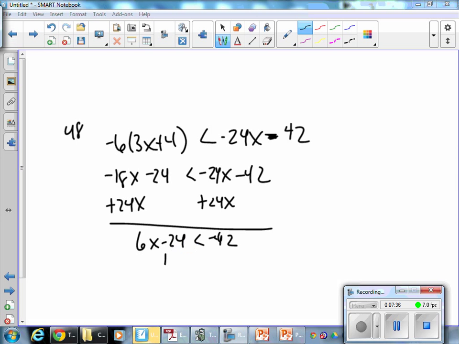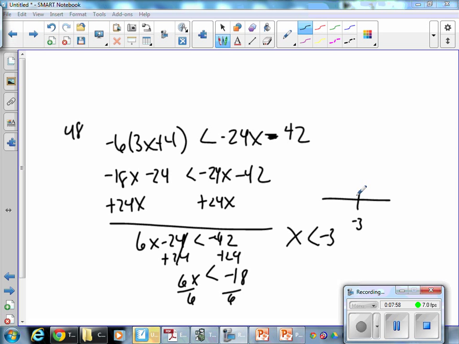Add 24, which gives me 6x, this cancels, is less than negative 42 plus 24, negative 18. And so I divide by 6, and I get x is less than negative 3. So on a number line, you'd want at negative 3 to put a parenthesis and shade to the left.